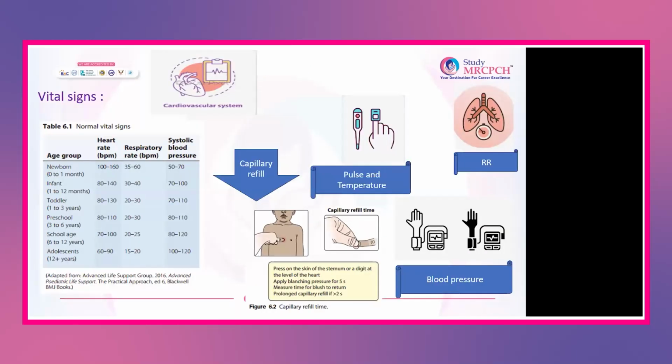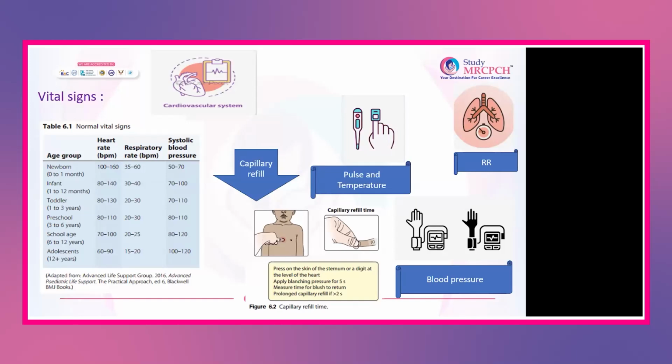For our vital signs, when the child is small, they will be on the higher side. Middle age will have middle-range vital signs, and near adolescent will be near the adult vital sign range. As we mentioned, we check the respiratory rate and the saturation, find whether a pulse is present and what the rhythm is, followed by monitoring the blood pressure and seeing if the capillary refill is prolonged.